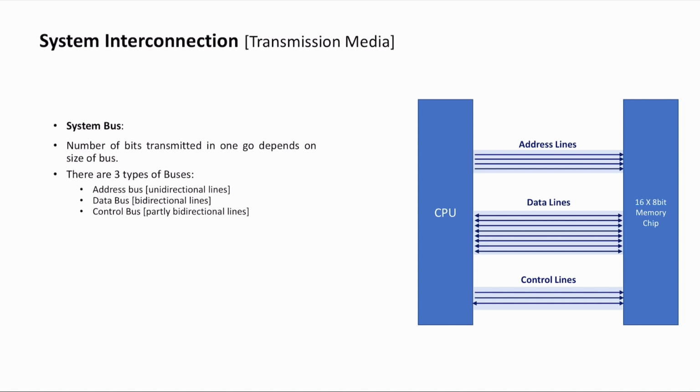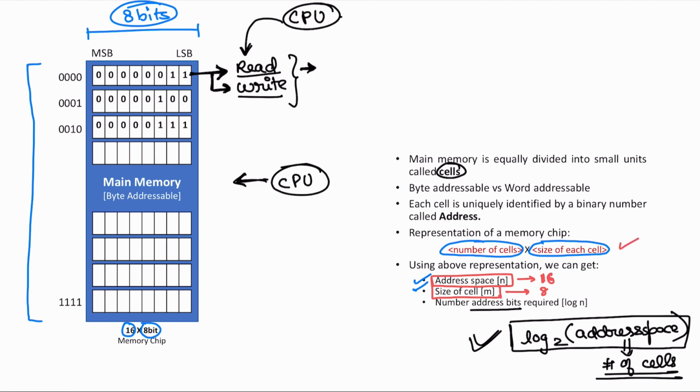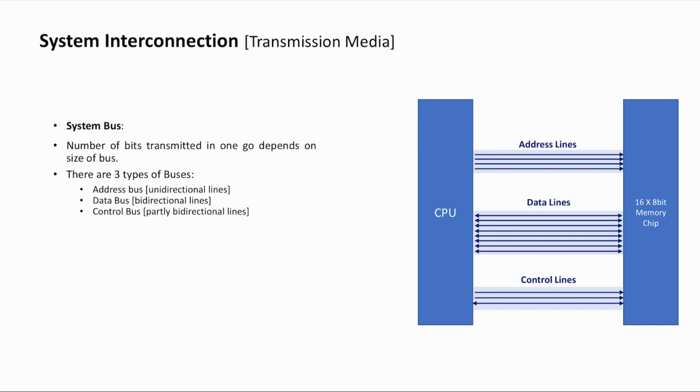Since we studied memory representation here, there are two parameters to represent any memory. So what would you say about this exact system bus, for this particular example? You should say that the system bus in this diagram supports a memory chip of size 16 cross 8 bit.